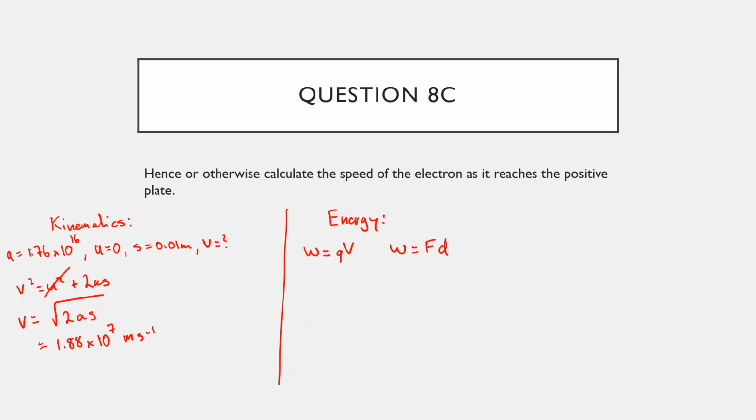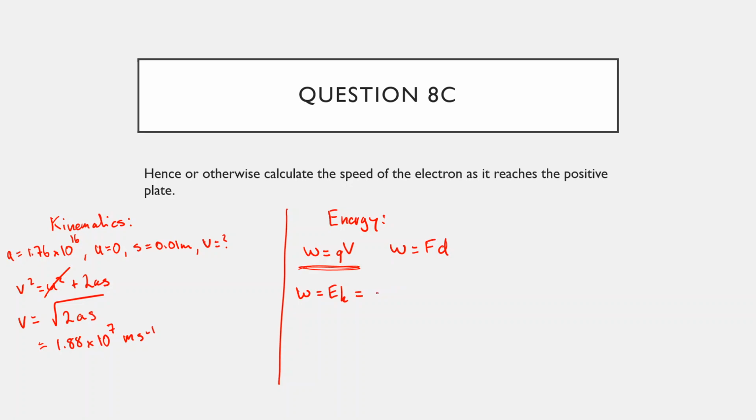I'm going to use this formula here because we don't have to use any sort of calculated quantities. Voltage has been given to us. The charge has already been given to us. We don't have to use anything calculated like we would if we use the force. So the work done is simply equal to the kinetic energy gained by this electron.